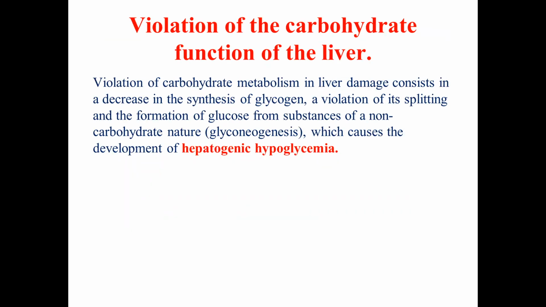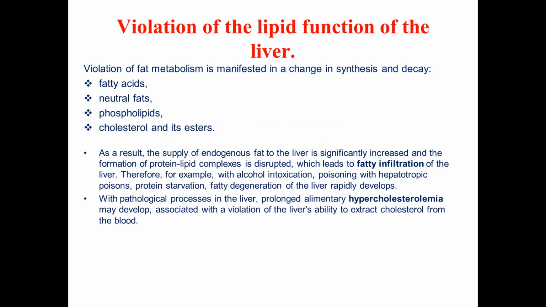Violation of carbohydrate metabolism in the liver consists of a decrease in the synthesis of glycogen, a violation of its splitting, and of the formation of glucose from substances of a non-carbohydrate nature, which we call gluconeogenesis. This causes the development of hepatogenic hypoglycemia.